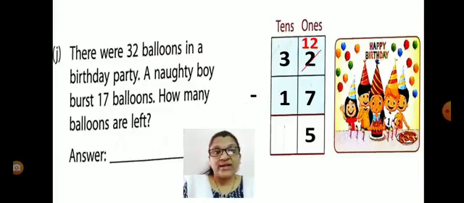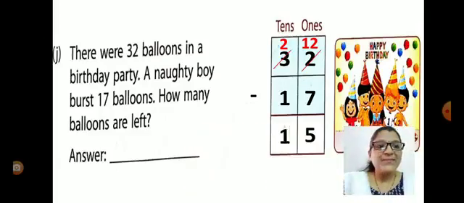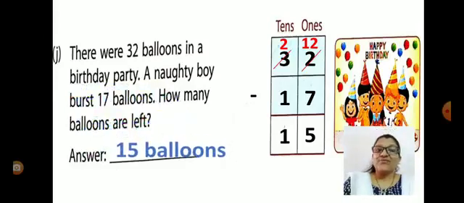Now as we have borrowed 10 from 3, we have to cut it and write 3 minus 1, that is 2 above it. Now we have to subtract number 1 from number 2. What will be the answer? Yes, 2 minus 1 is 1. So we get number 15 as the answer, which we have to write here as 15 balloons. Have you understood this, children?